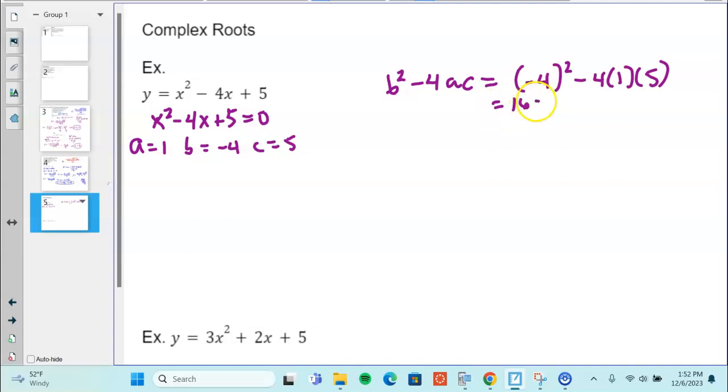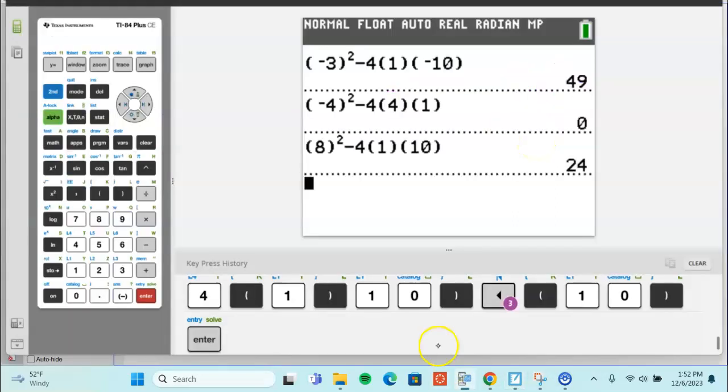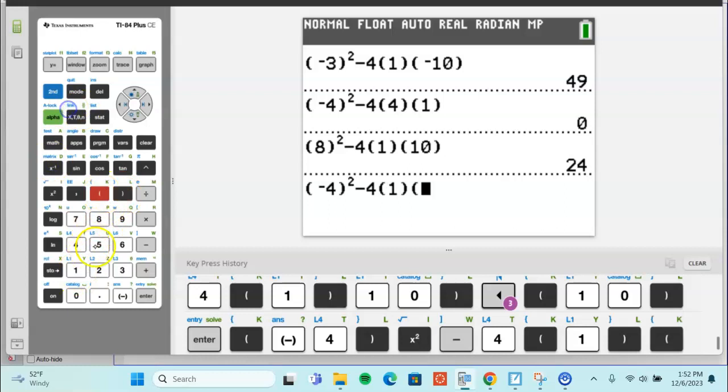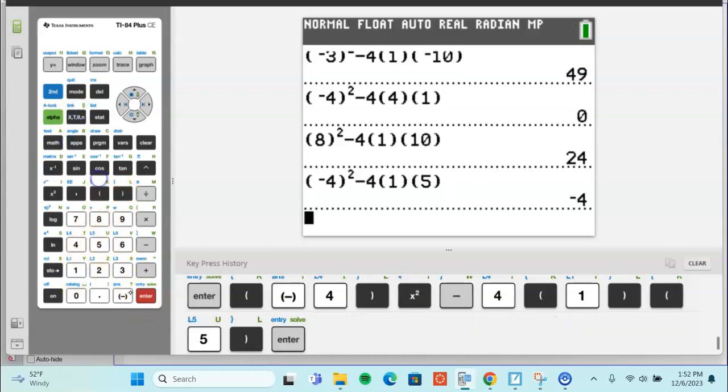That is 16 minus 20, which is -4. Again, you can use the calculator. We'd have -4 squared minus 4 times 1 times 5, and we get -4.